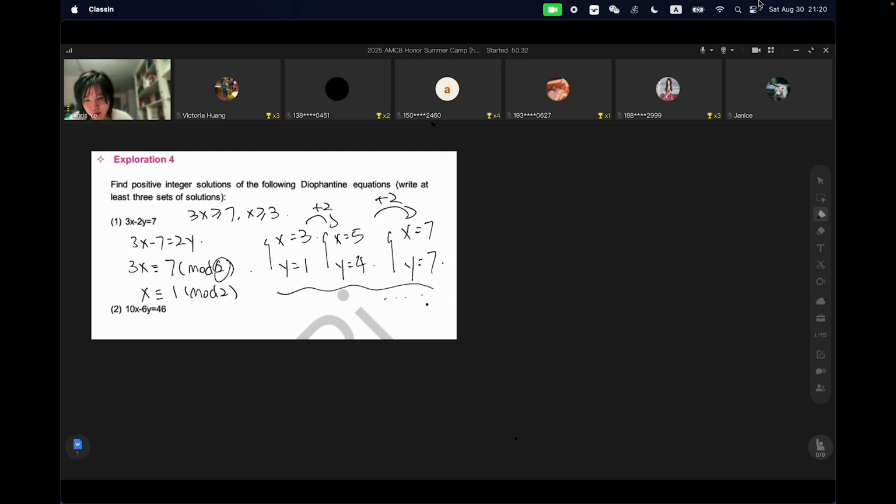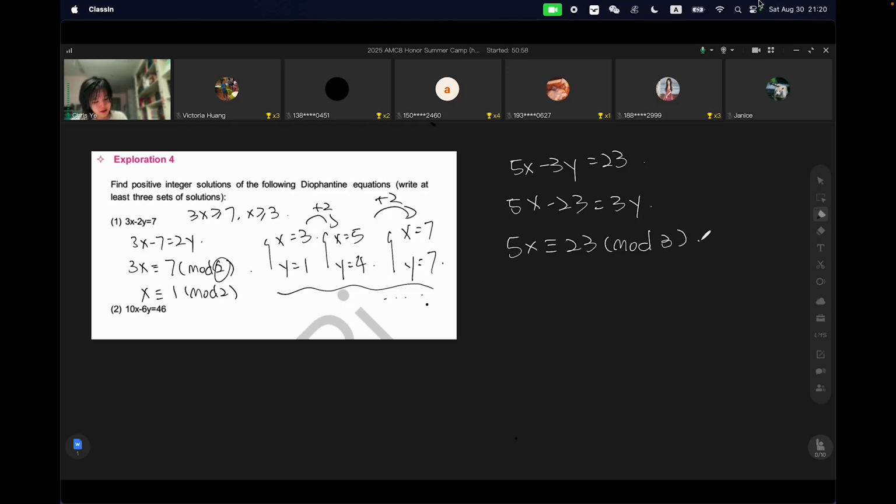10x minus 6y equals 46. So by simplifying this equation, we have 5x minus 3y equals 23. And we have 5x, so minus 23, it's going to be 3y. So when divided by 3, it's going to have a remainder of 23. So therefore, 5x is congruent to 23 mod 3.